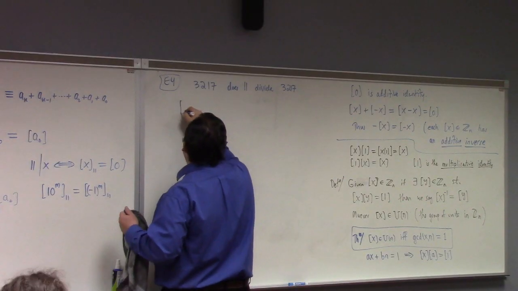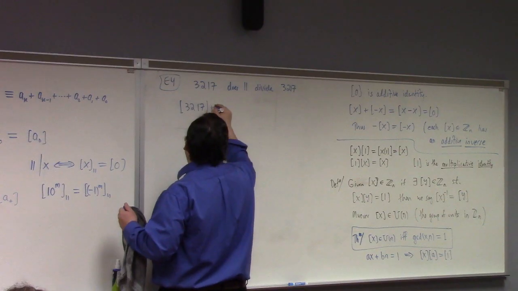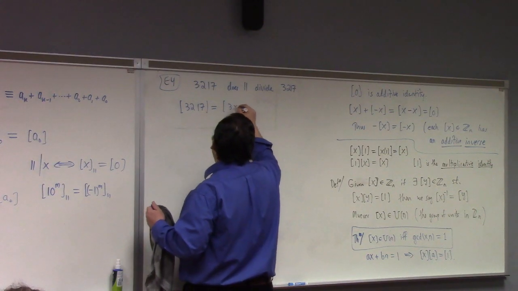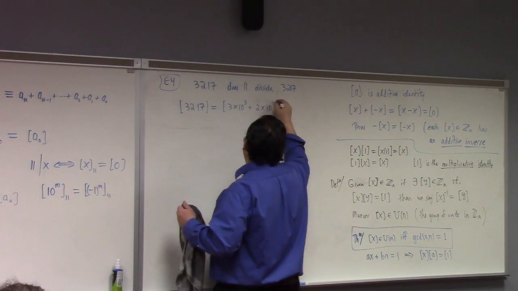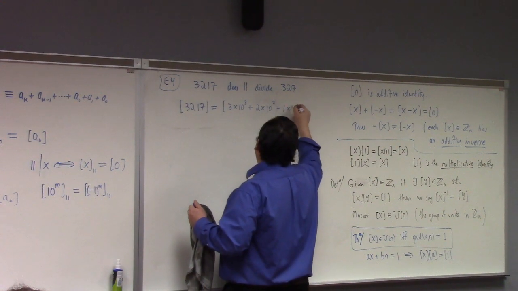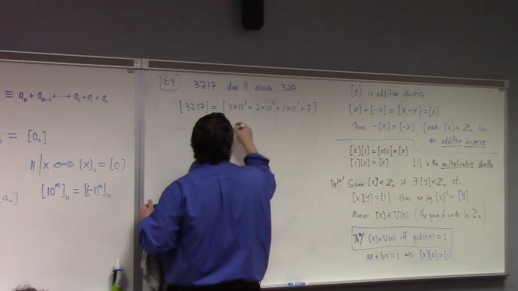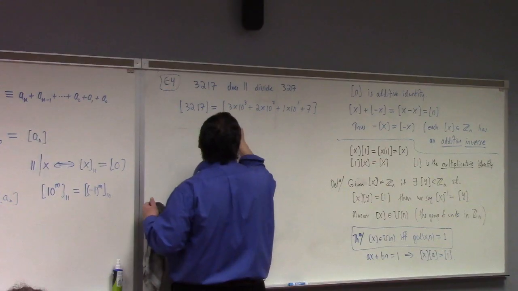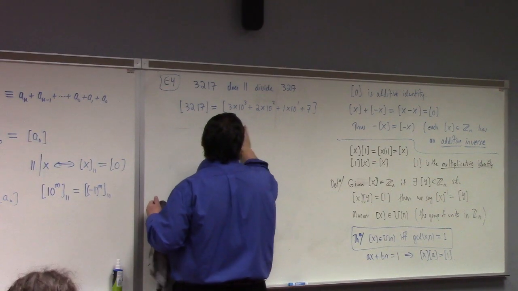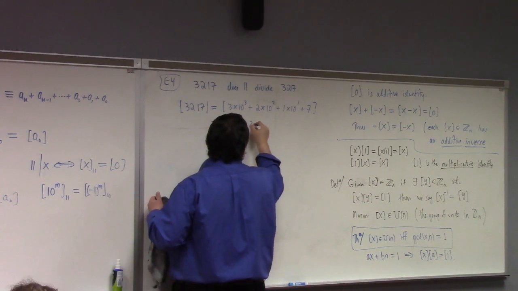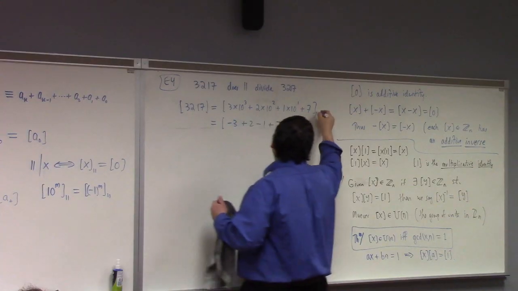But here's one way we could do that. 3217 is equal to 3 times 10 to the third plus 2 times 10 squared plus 1 times 10 to the first power plus 7. And 10 is congruent to minus 1. Well, let me just get straight to the point. So this is minus 3 plus 2 minus 1 plus 7 in Z_11.